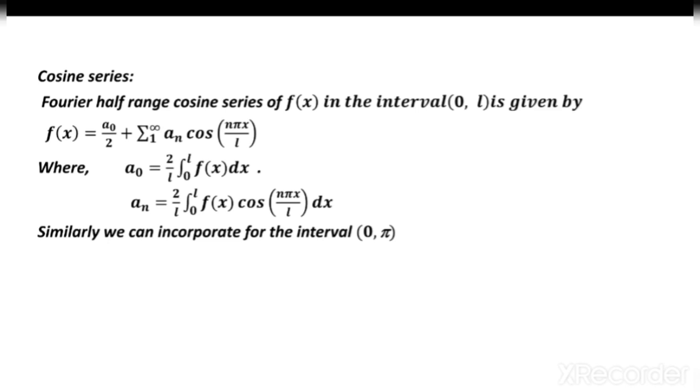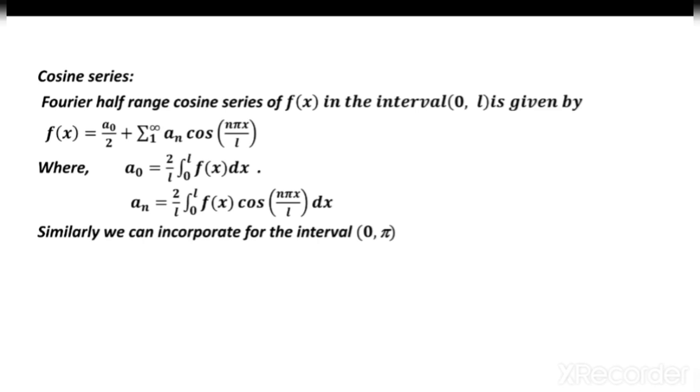When your interval is 0 to pi, you need to just replace L equal to pi. So let me put here L equal to pi. Then what is the a0 formula?